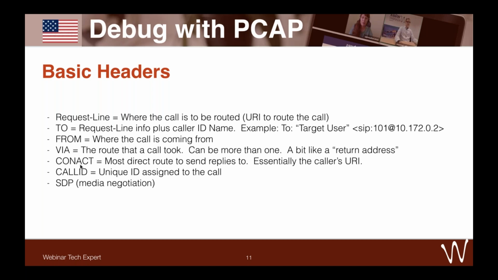If I start to send information back and forth, I may be processing many calls at the same time. In some way, we need to be able to understand which call we're talking about, and that's done through the call ID. And then the SDP portion of SIP headers is all about media and media negotiation and ultimately RTP.